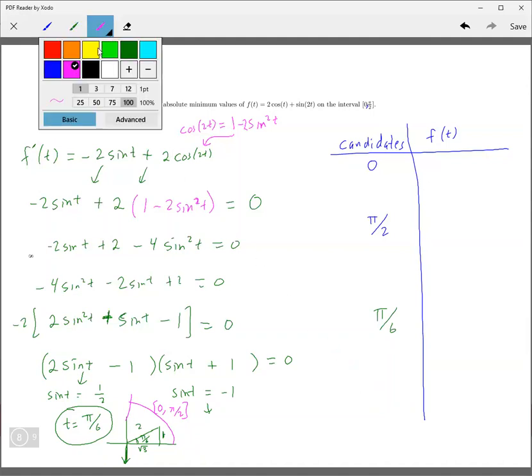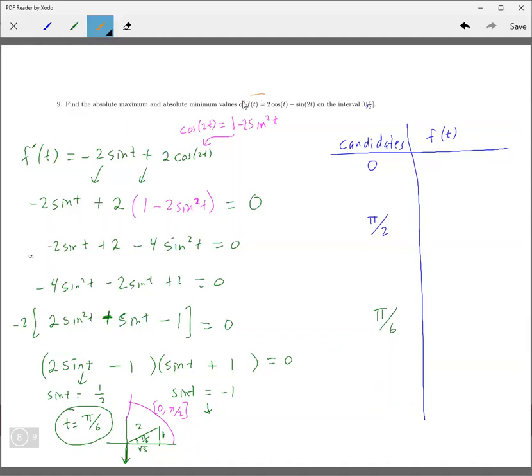Okay, and now what you do is you use the original function to calculate the value at each of these points. So if we put a 0 in here, we get 2 cosine 0 plus sine of 0.